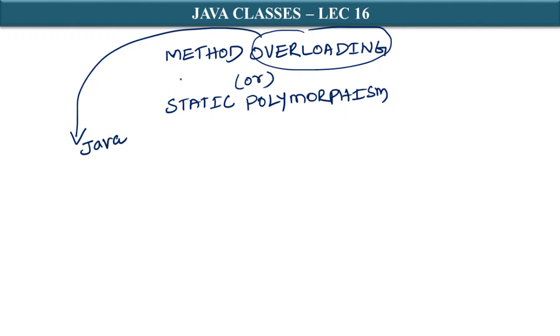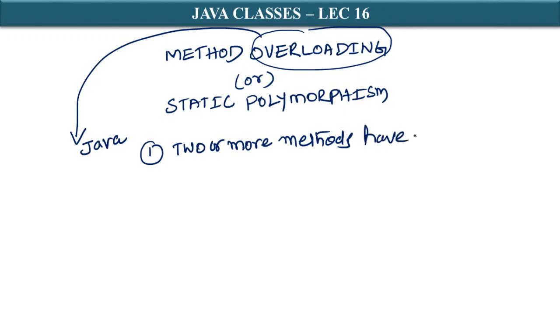In method overloading, what happens? Two or more methods have the same name.